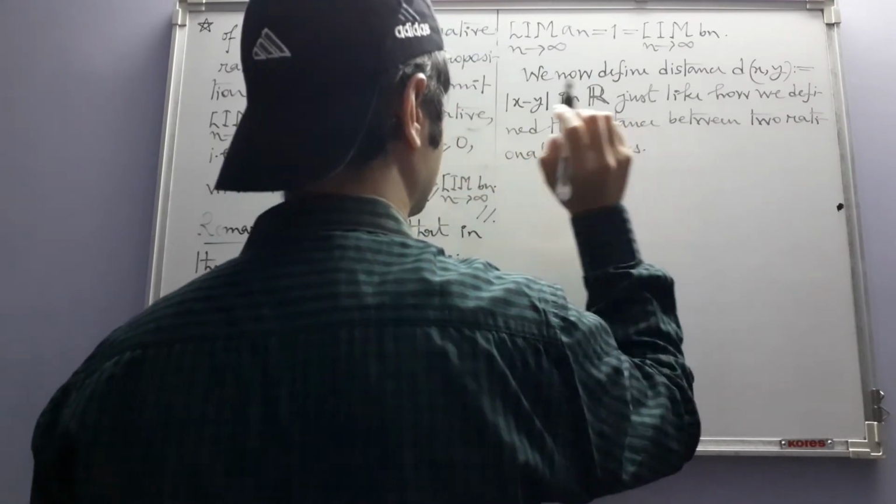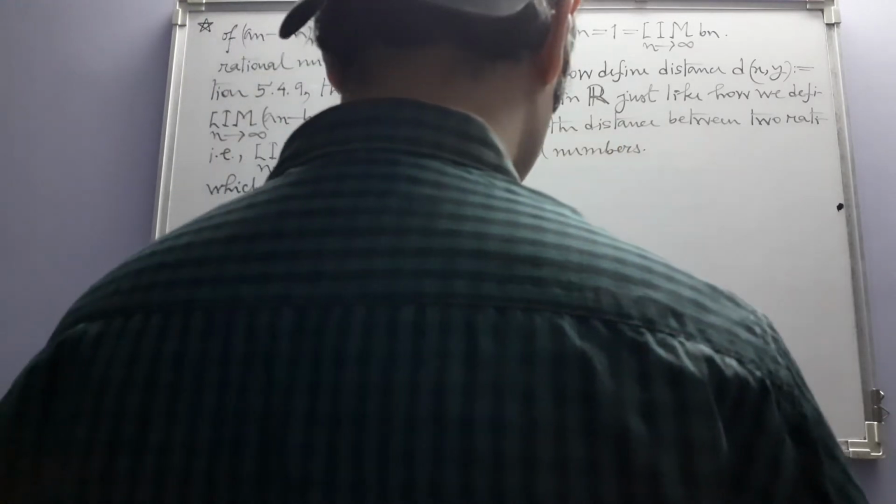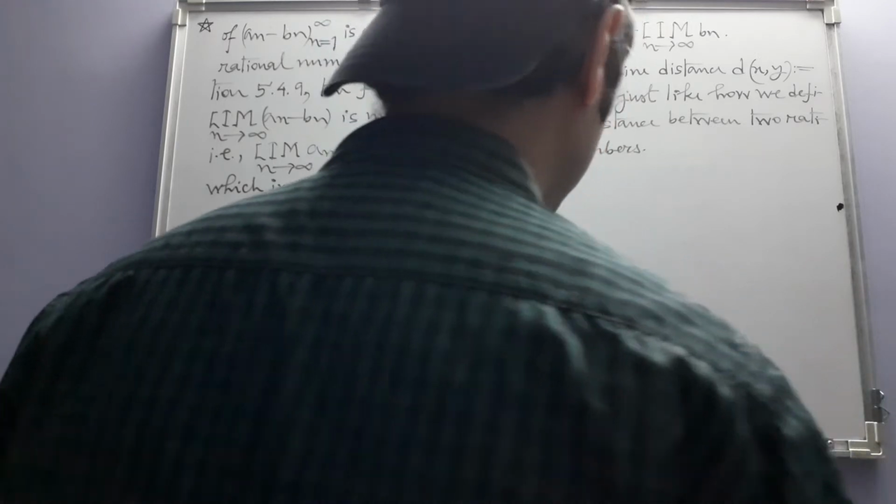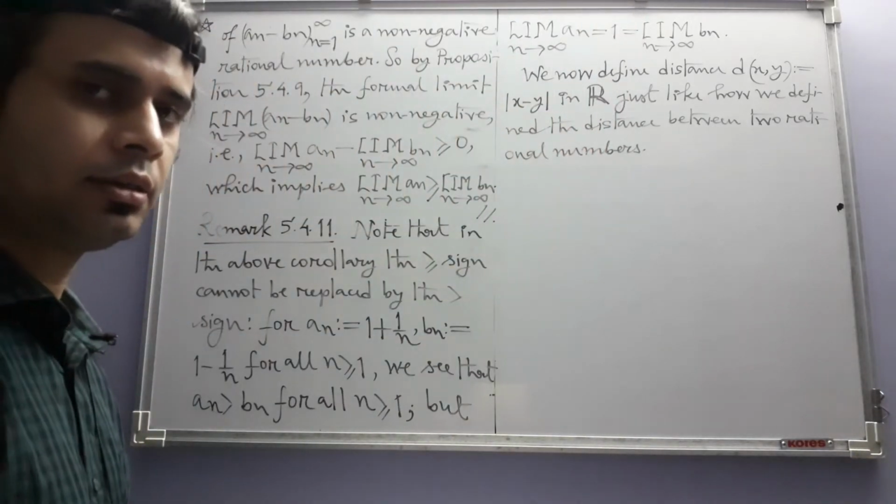Distance, epsilon, closeness, these things are defined for real numbers just like they are defined for rational numbers.